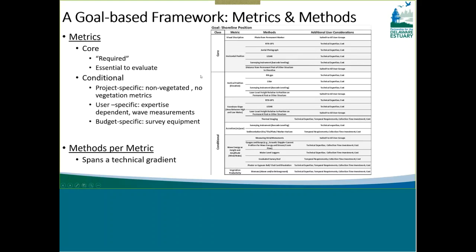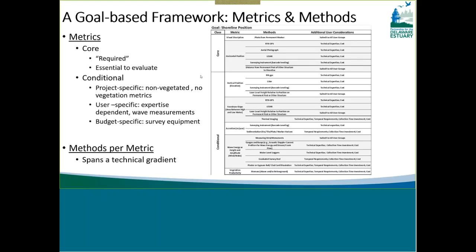One thing I should mention is the group that put this together didn't just throw darts at a wall covered in metrics that people have used and put them together in here. There were a lot of different workshops. There were a lot of in-person, phone call, and email surveys with practitioners up and down the East Coast, in the Gulf, people that we know, people that we didn't know.